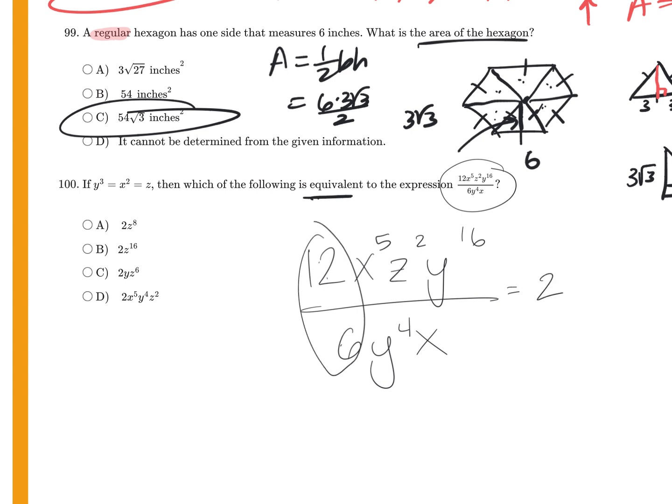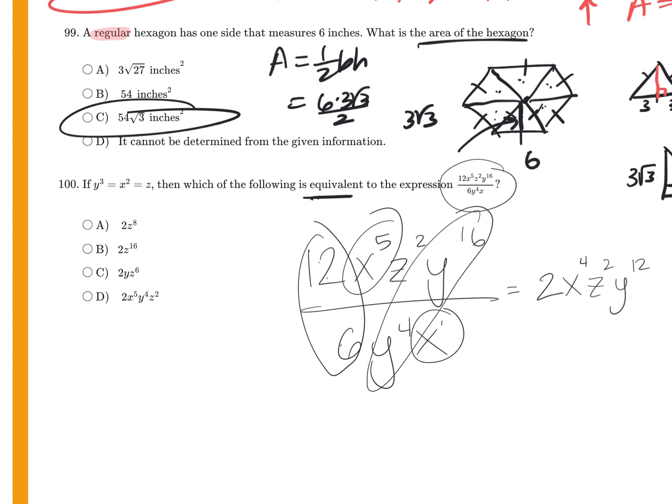This part right here, this is x to the 5th, and this is x to the 1st. When you're dividing the same letter, or like bases, you subtract the exponents. So that's x to the 4th. There's nothing to divide z with, so that stays z squared. And then the y's, y to the 16th divided by y to the 4th, is y to the 12th.